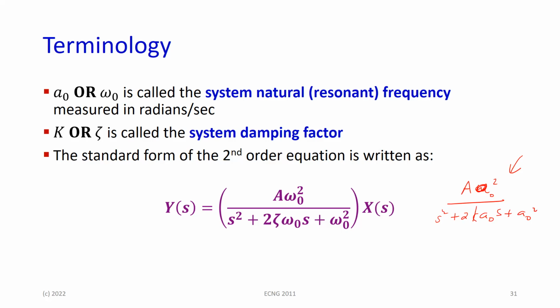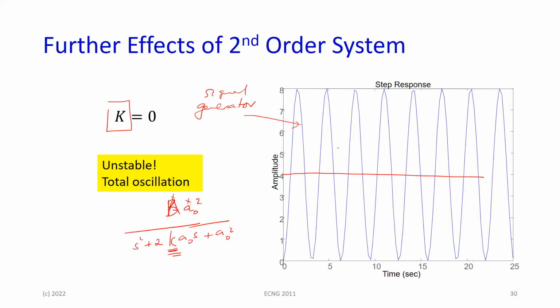The standard terminology is that this a0 they call omega naught, the system natural resonant frequency. Under certain conditions, like here, it will oscillate at this frequency. The frequency of this sinusoidal signal here is omega naught.